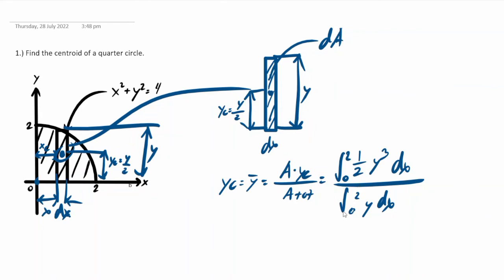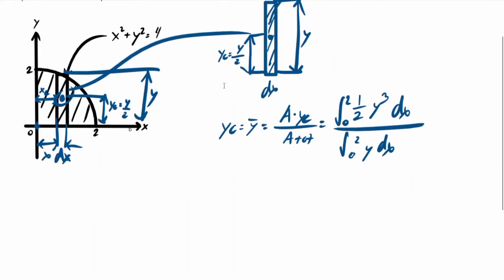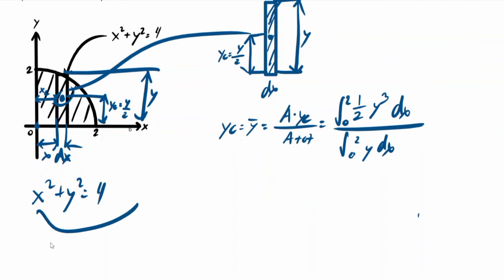Now to look for the y bar, we plug in our y. Let's get the y from that, transpose x, we'll have y squared equals 4 minus x squared, and then get the square root of both sides.